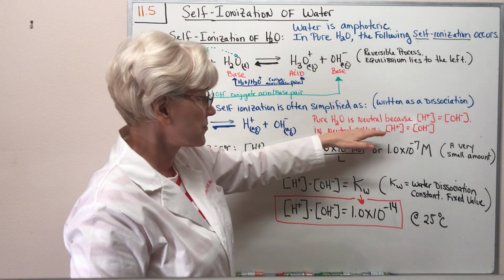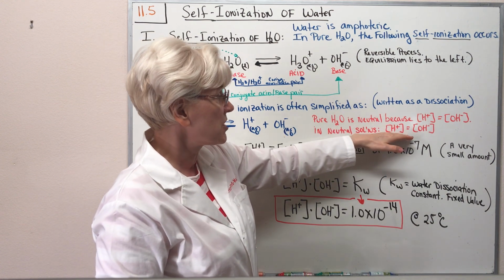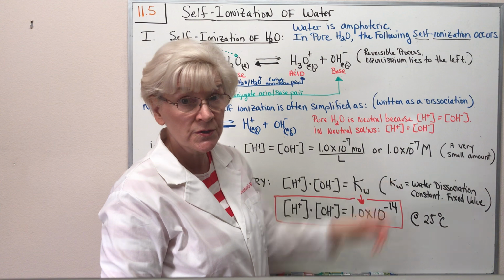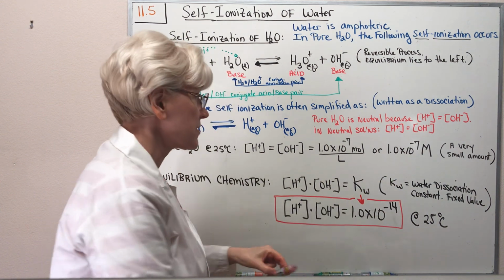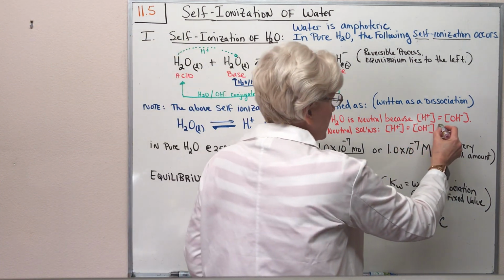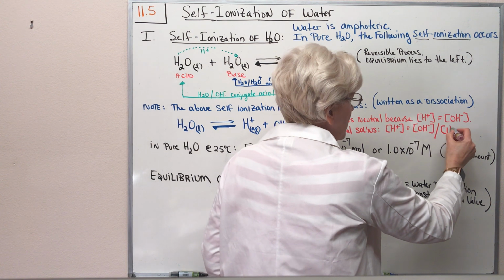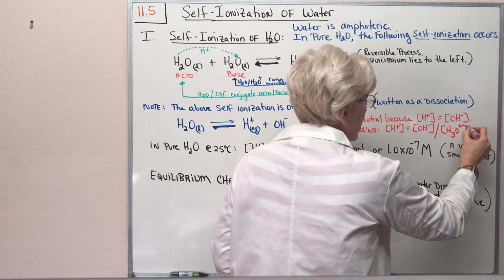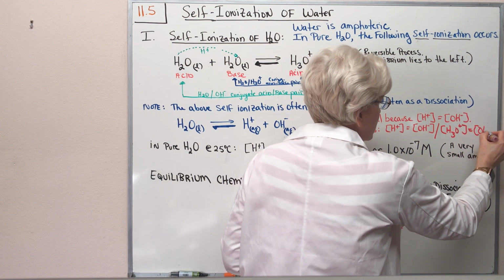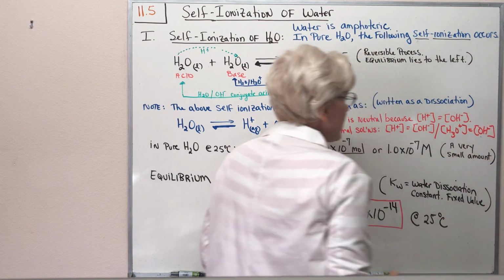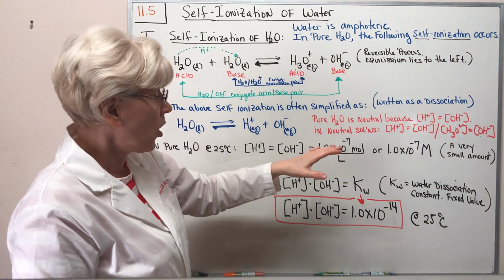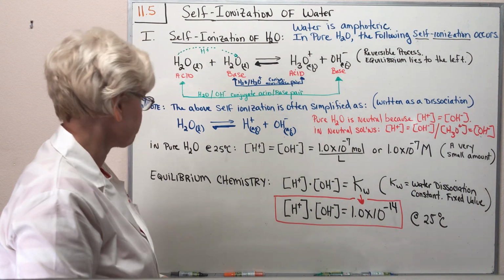So in all neutral solutions, the hydrogen ion concentration equals the hydroxide ion concentration, or we could say the hydronium ion concentration equals the hydroxide ion concentration. This is true for all neutral solutions.